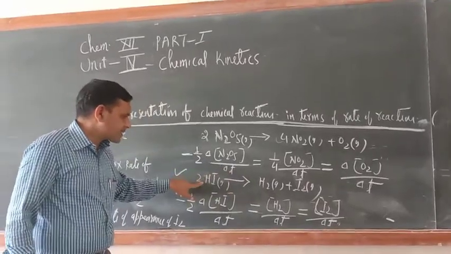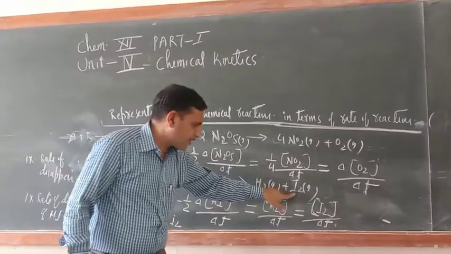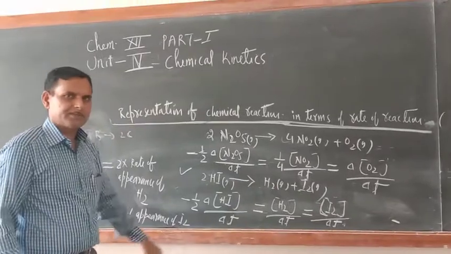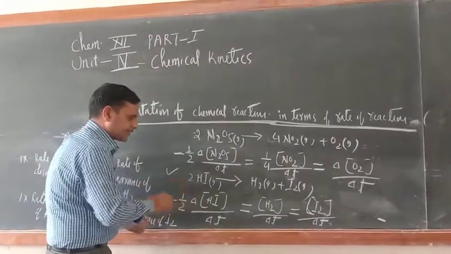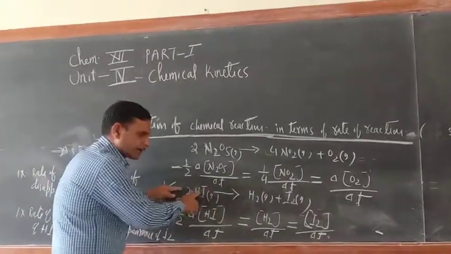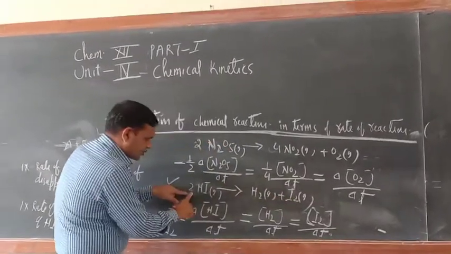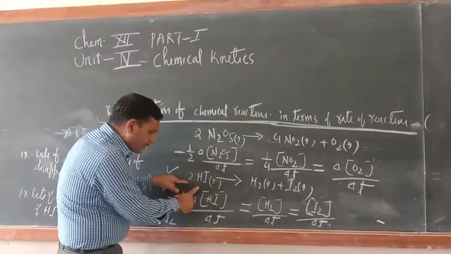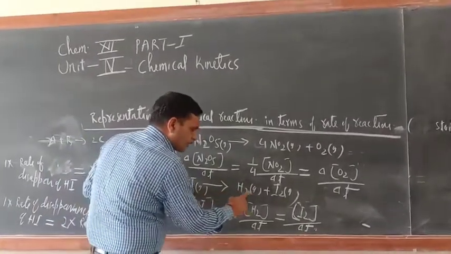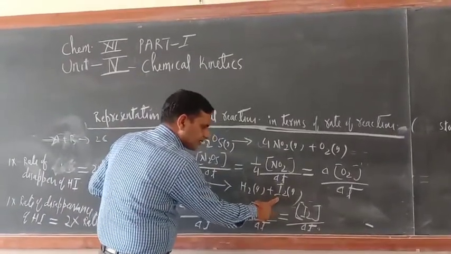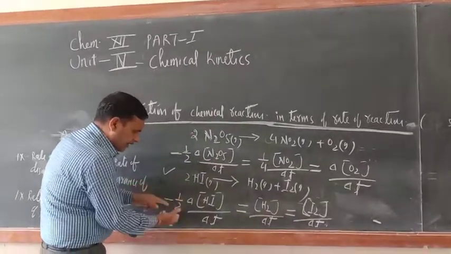Similarly, its half mole is responsible for I2 formation. Suppose 1 mole of HI you have taken, so half a mole of H2 and half a mole of I2 will form. So that is why it is already half.